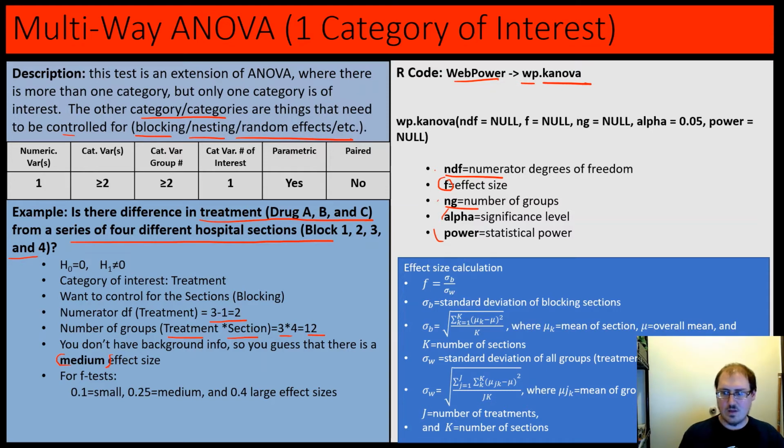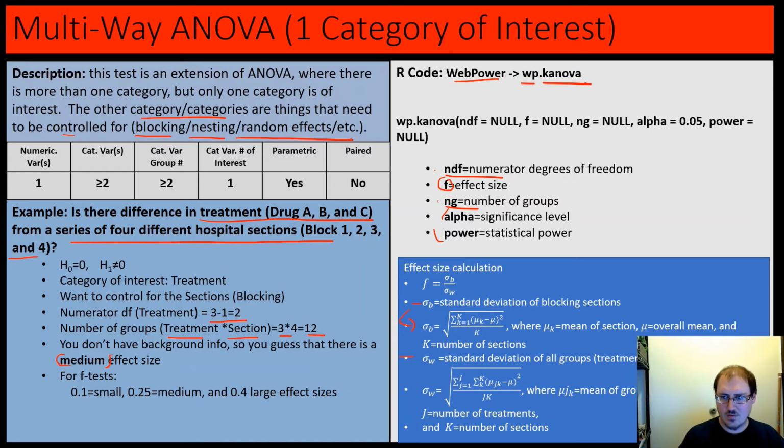Now, if we have to calculate effect size, there's a lot going on here, but here is essentially what we'll do. It's the ratio of the standard deviation of blocking sections and the standard deviation of all groups. The standard deviation of blocking sections is a kind of big equation where we sum up the mean of each section against the overall mean, over the number of sections. So kind of like what you saw for the repeated measures ANOVA.